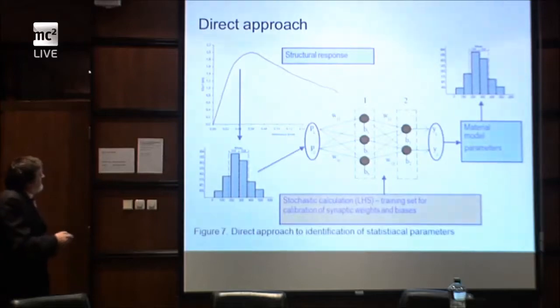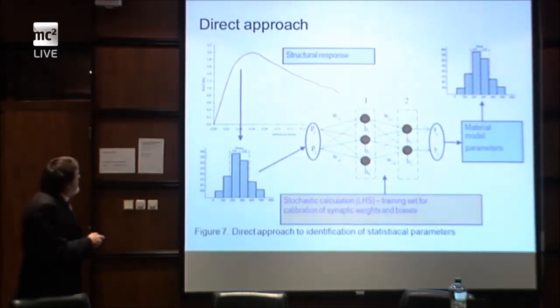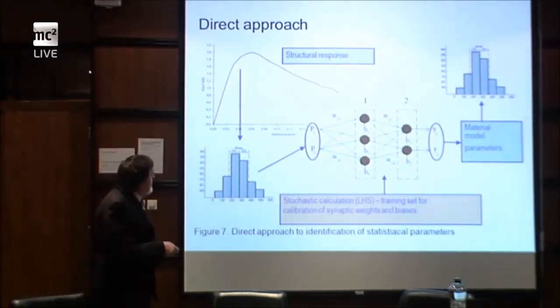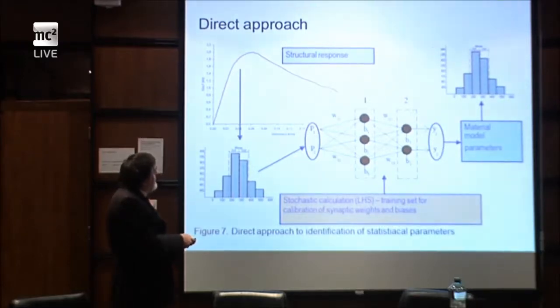Again, this is the scheme of this direct approach. Once again, we developed a computational model where we have material model parameters here, for example, parameters of concrete or steel or anything you want, right? We simulate them by a Monte Carlo type approach. The best is Latin hypercube sampling because it reduces the number of samples to a minimum.